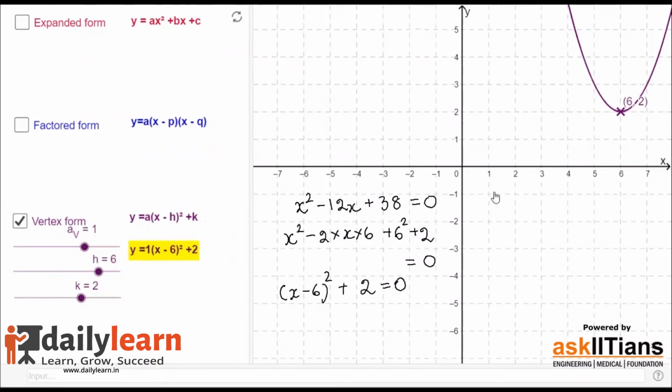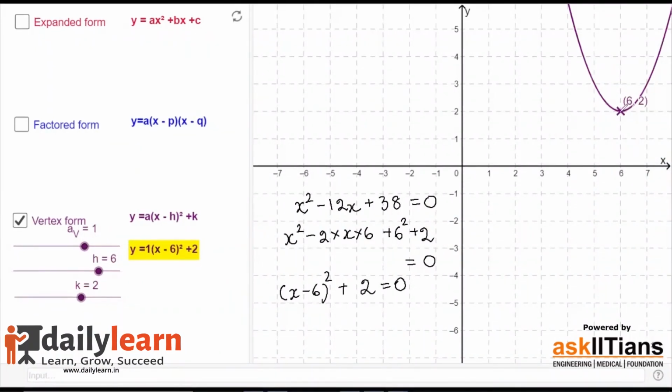Look at the yellow shaded region on your screen. When I keep x as 6, y becomes 2. That is why the vertex of this quadratic is nothing but (6, 2).